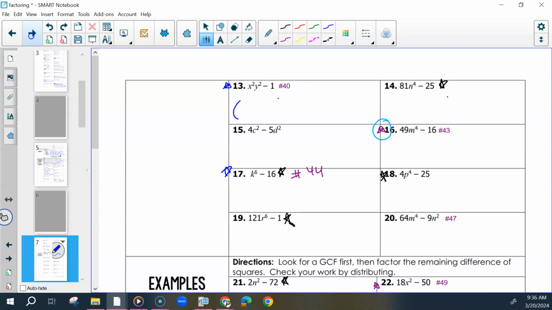So for 13, what would those two factors be? xy minus 1 and xy plus 1. If you're not sure what times what goes into a number, take the square root of that number, because all of these should be perfect squares. This should be 25 for number 15. For number 16, how would we write those two factors?